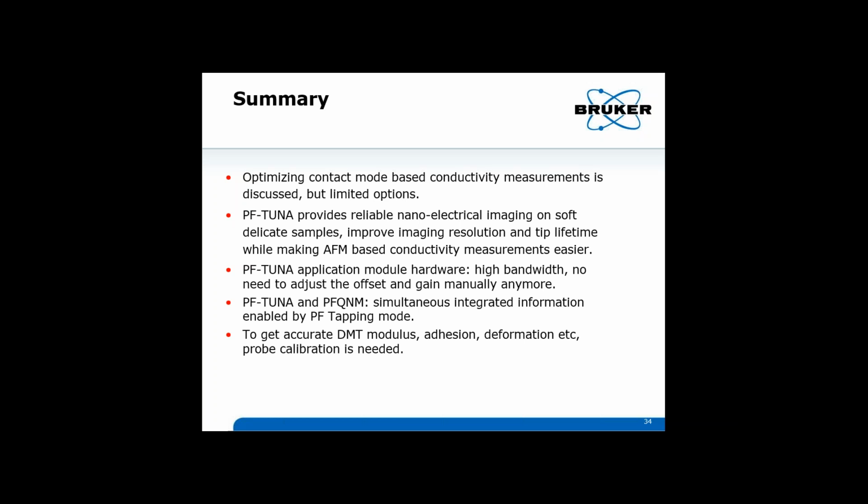For PF tuner and PF QNM, they are able to get simultaneous and integrated information about current and mechanical properties. As we mentioned earlier, to get the accurate DMT modulus, adhesion, deformation, or the energy dissipation enabled by PF-QNM, you need to do the probe calibration.